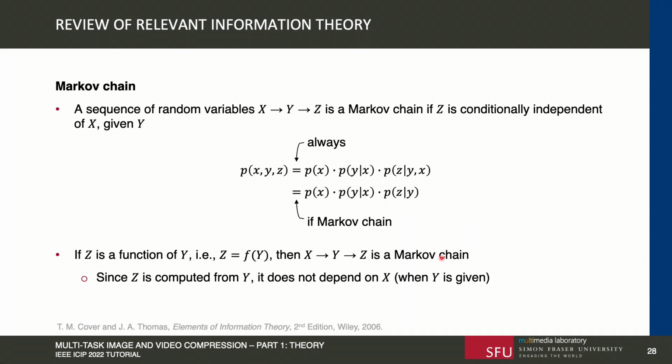A simple example would be when Z is a function of Y, so when Z is computed from Y. In that case, regardless of what X is, X to Y to Z would form a Markov chain. That's quite easy to see because Z is simply computed from Y. It's independent of X, and when Y is given, there is no further dependence on X.